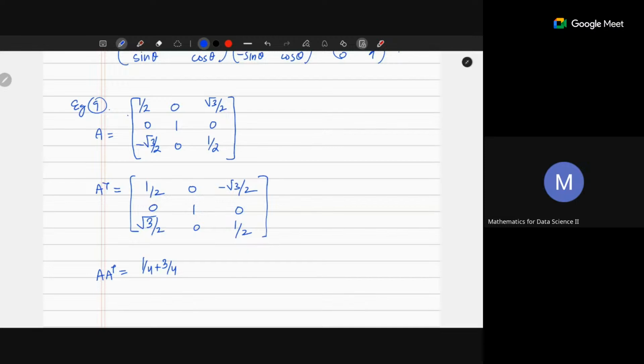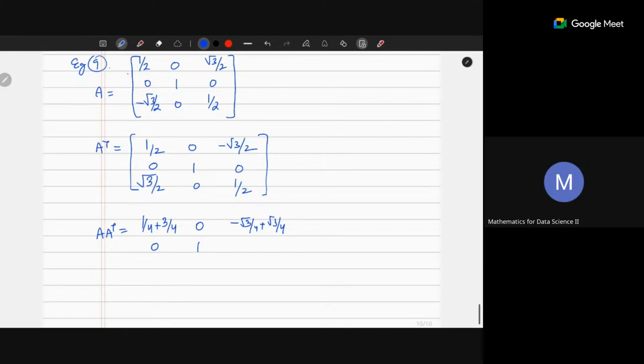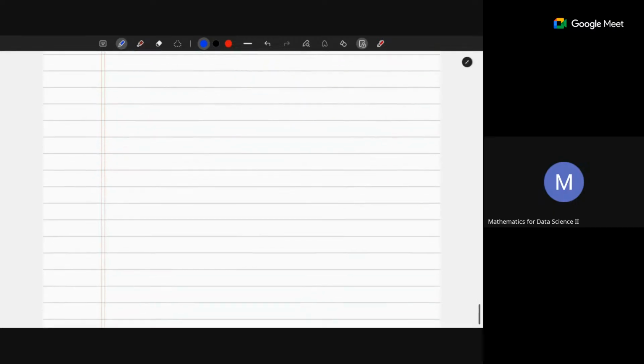And then this with the other, it is minus 3 by 4 plus root 3 by 4, 0, and then it will be 1, it will be 0, 0, 0, 1. So it is really the identity. You can check for the other identity as well. All right. So this is also an example of an orthogonal transformation.